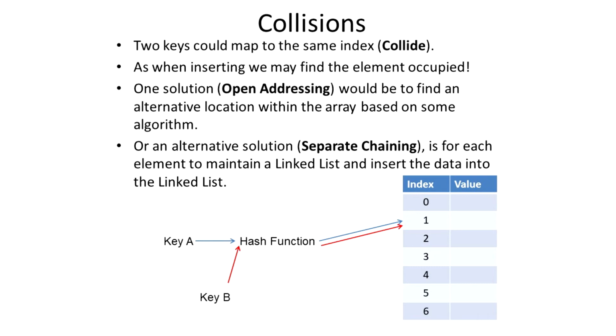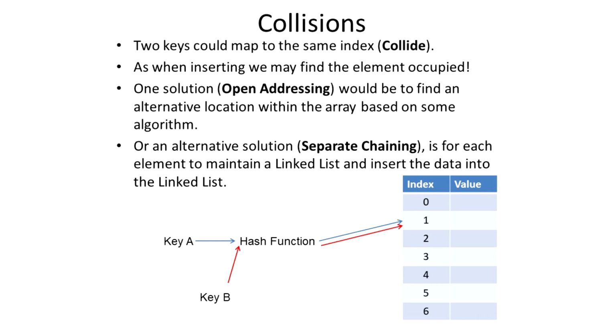The second technique, which is a very popular one, is chaining, where we create a linked list at the element in the array where there are duplicate hash keys, and store all of those duplicate hash keys as nodes in a linked list. Then we go to that item in the array and iterate through the linked list nodes to find the node with the particular value that matches what we're looking for.